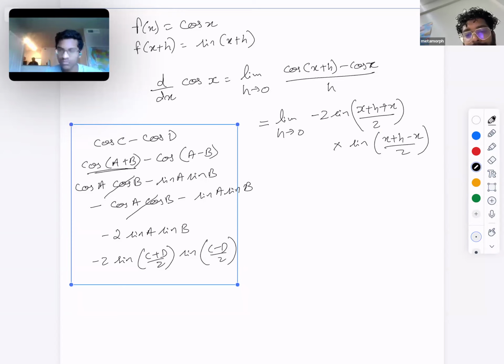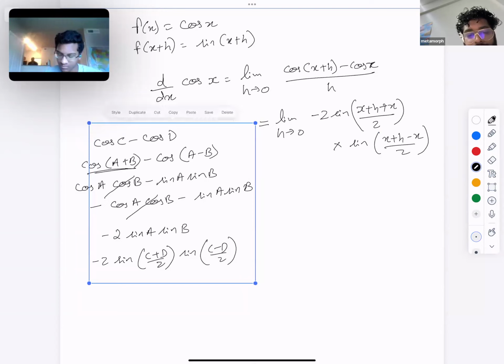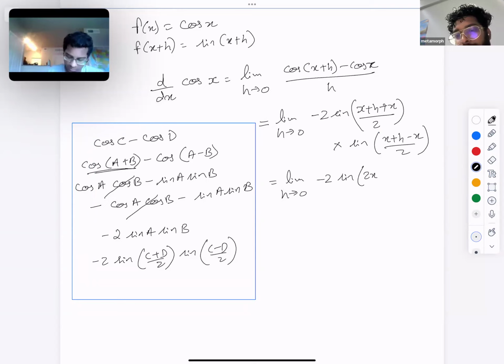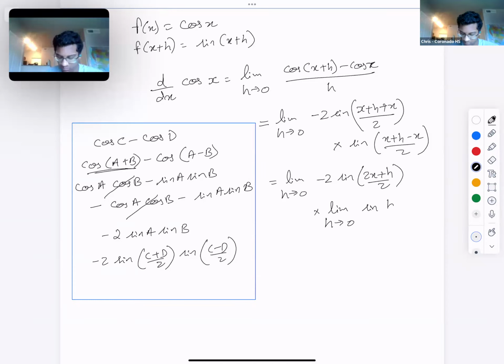That gives me limit h approaches 0 of negative 2 sine of 2x plus h over 2, multiplied by limit h approaches 0 of sine h over 2.